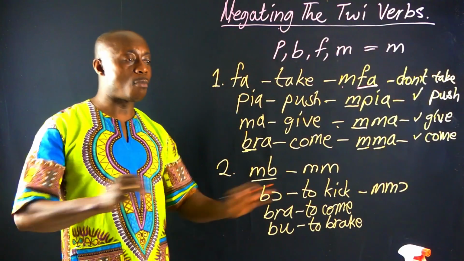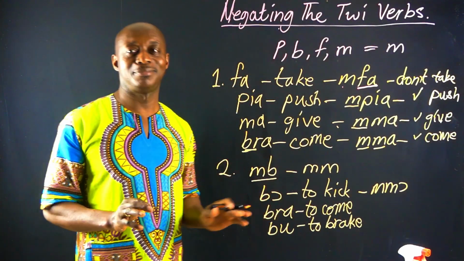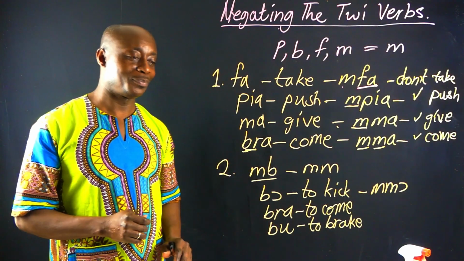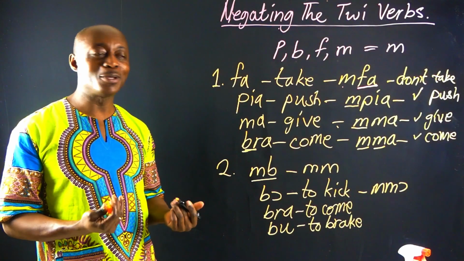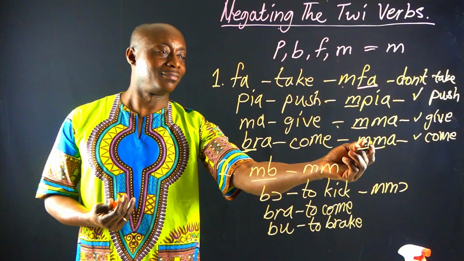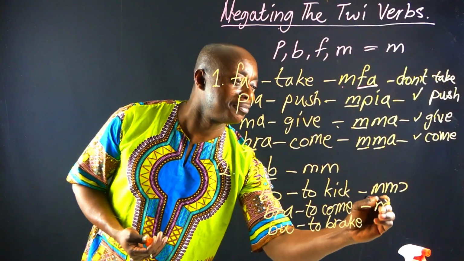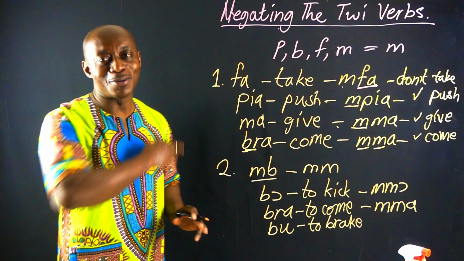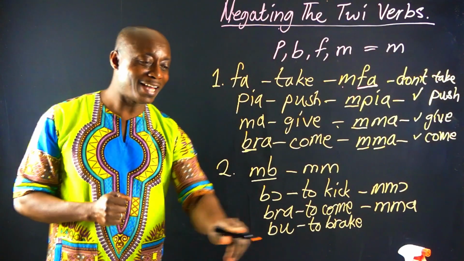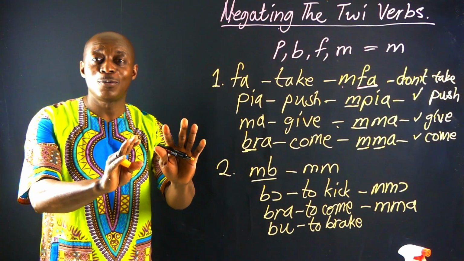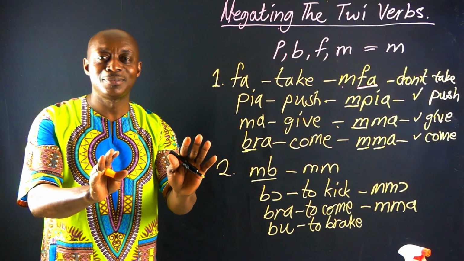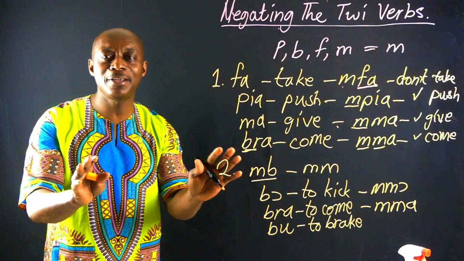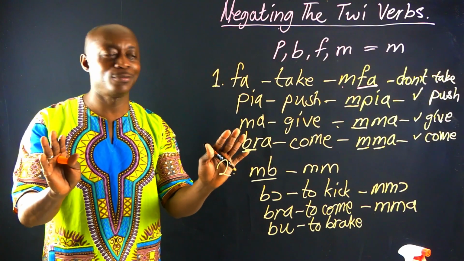Mmo. Do not cake. Okay? Good. And then bra. Come is going to be what? Mma. Do not come. But you are all welcome. Good. And then boo. Mmu.